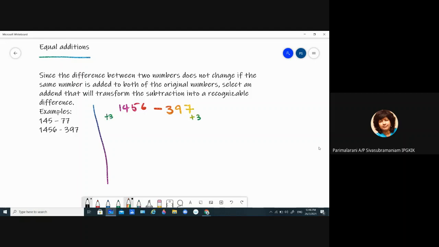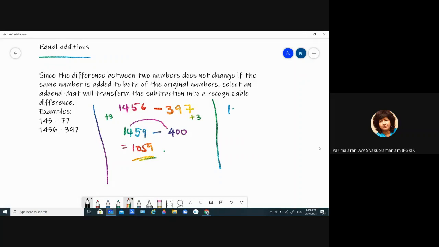So if I add 3 to both the numbers, then the difference will not change at all. So if I added 3 here, this will become 1459 minus 400. So now I can minus the 400 straight away. I have 1059. So this is the equal additions method.